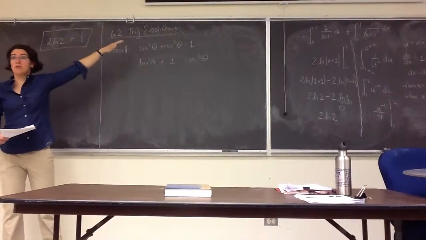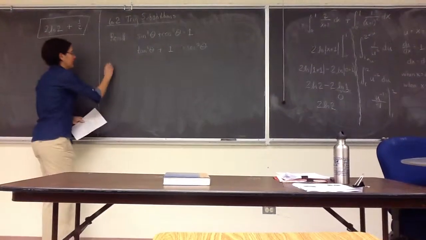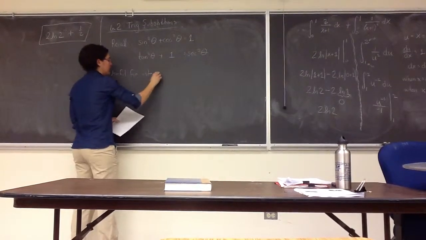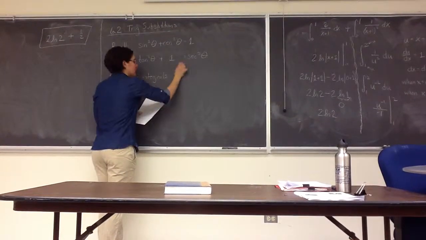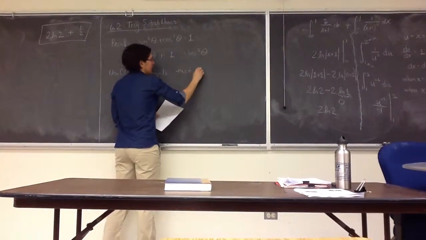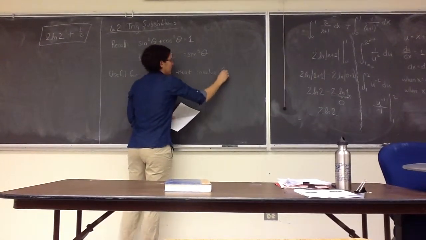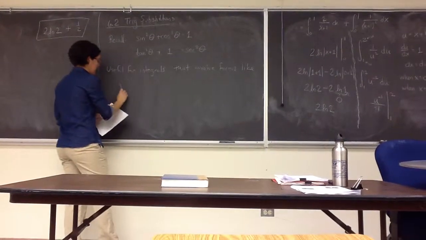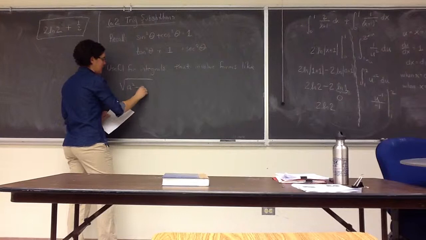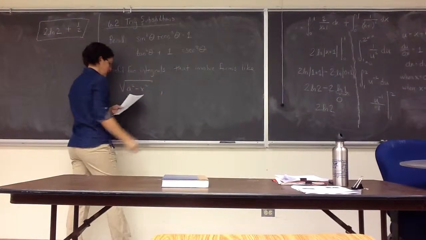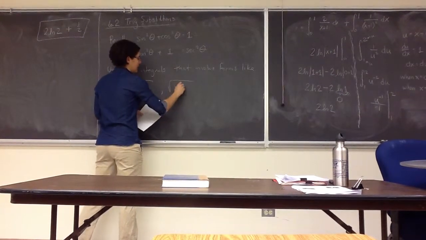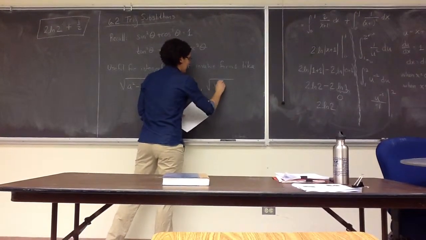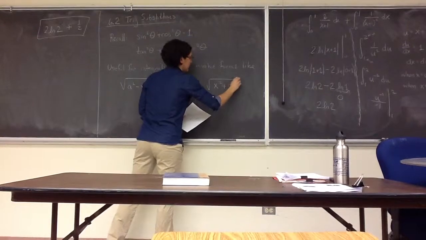And trig substitutions are useful for integrals that involve forms such as the square root of a squared minus x squared, the square root of x squared minus a squared, and the square root of x squared plus a squared.